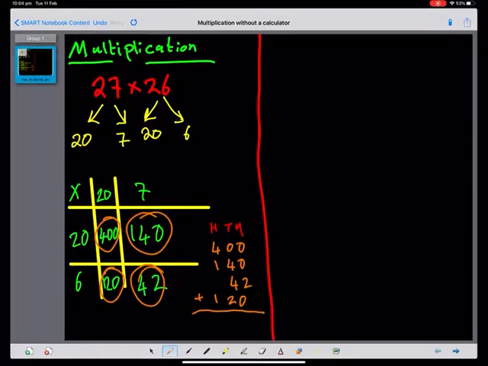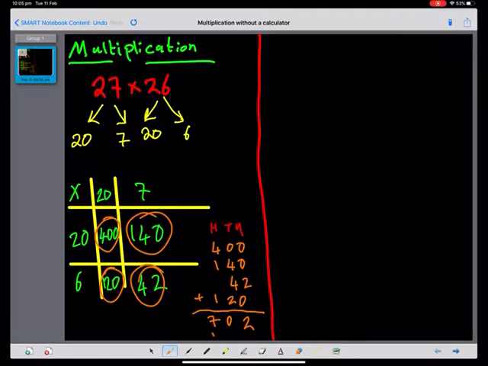It's really important that we put the numbers into the correct column. Okay, so we've got 2, we've got 10, so we're going to carry a 0. We've got 4, 5, 6, 7. So 27 multiplied by 26 is 702.